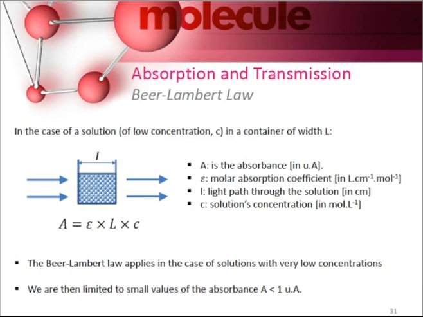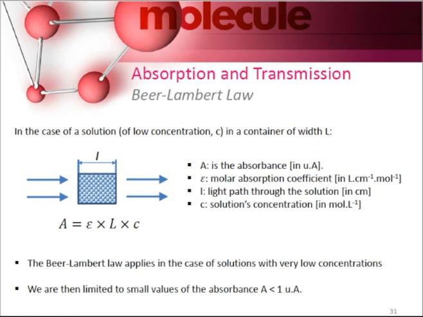Basically L is the dimension of the container, and C is the concentration of the specific compound that we are looking at. Epsilon is the molecular absorption coefficient, or in another way, the molar absorptivity. It defines how much the specific molecular compound that we are looking at in a solution absorbs light.